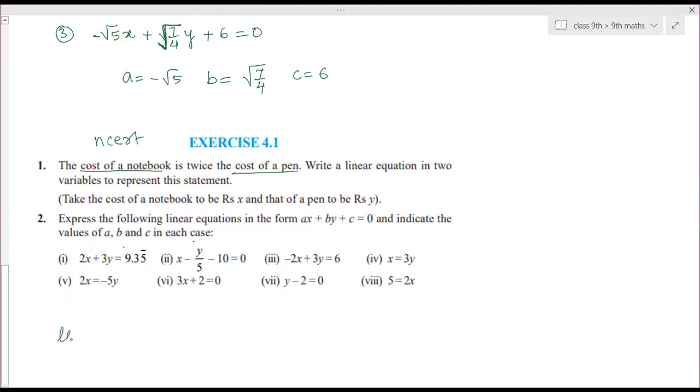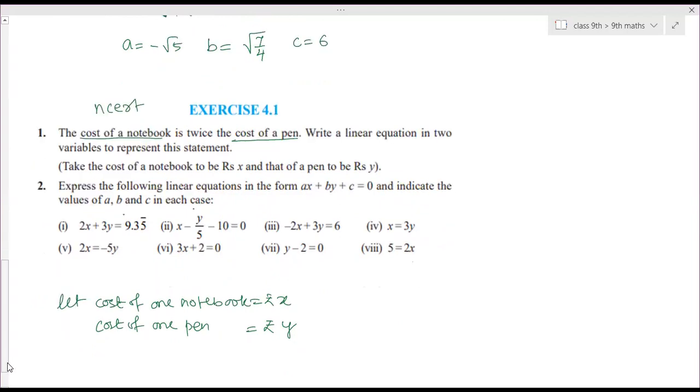So let the cost of one notebook be X rupees and the cost of one pen be Y rupees. Now what is the relation between them? What have they given? The cost of one notebook is 2 times the cost of a pen.